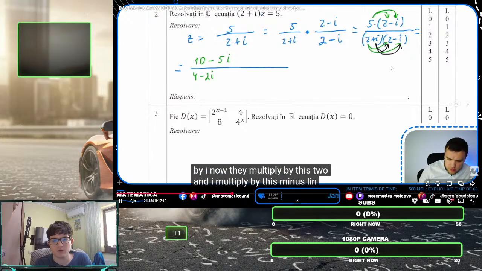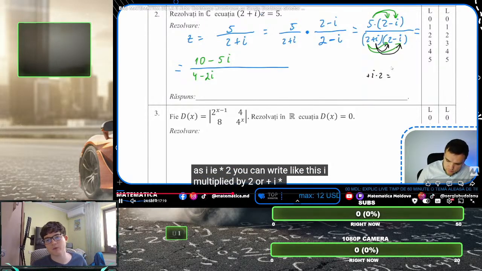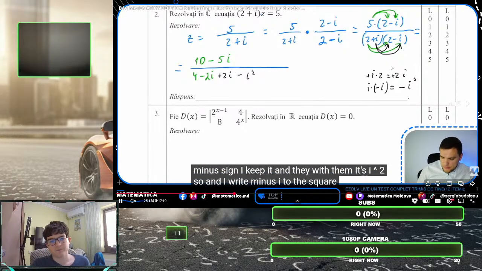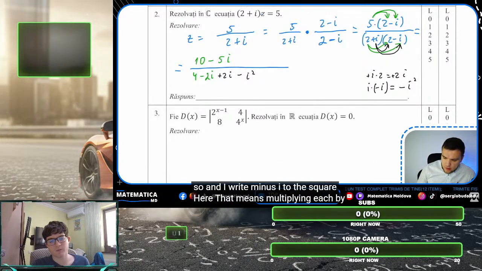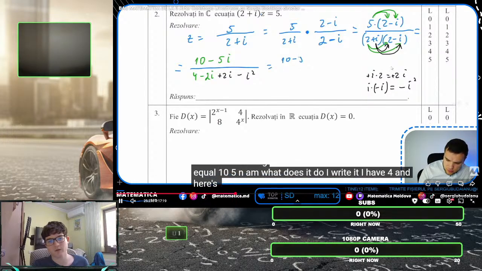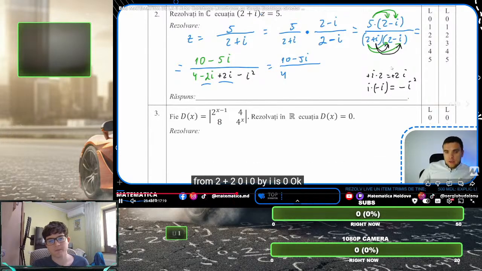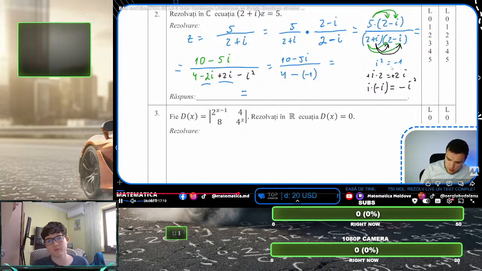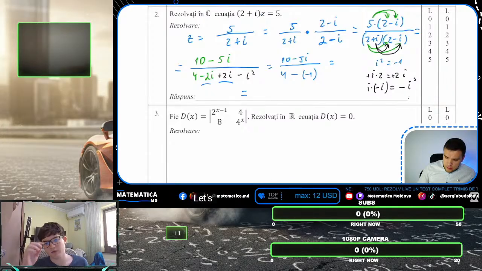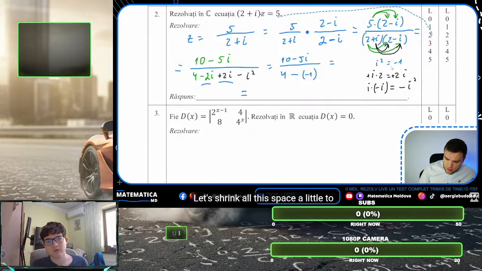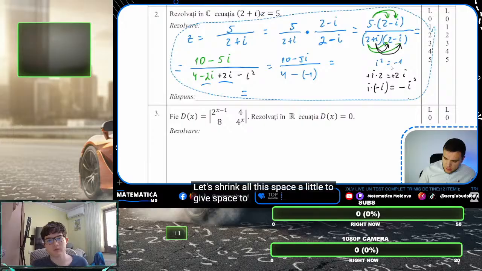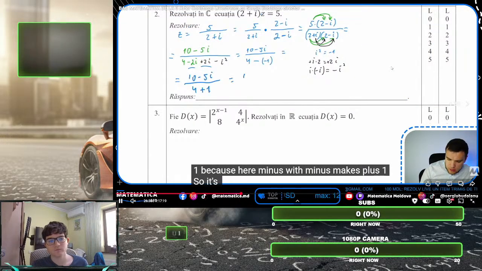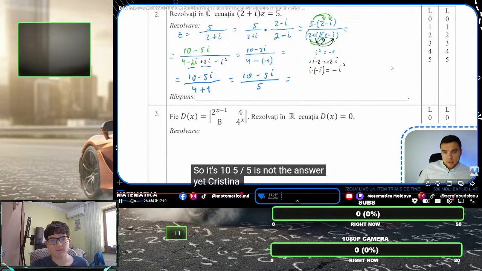That's a formula, but I can also take the long approach. It's 4 minus i squared, because minus 2i plus 2i cancel out. And minus i squared is plus 1, so you're gonna get 10 minus 5i, and below is gonna be 5, because 4 plus 1.